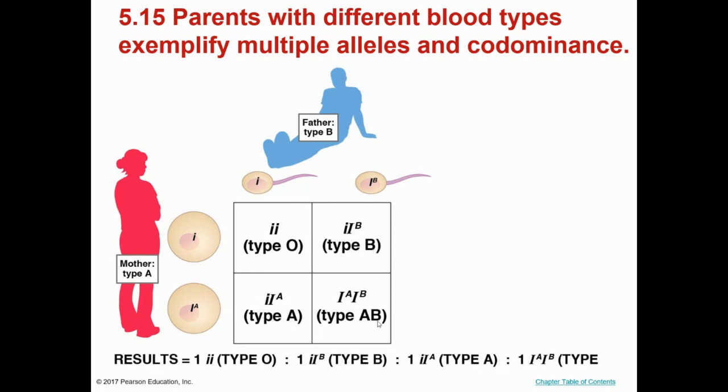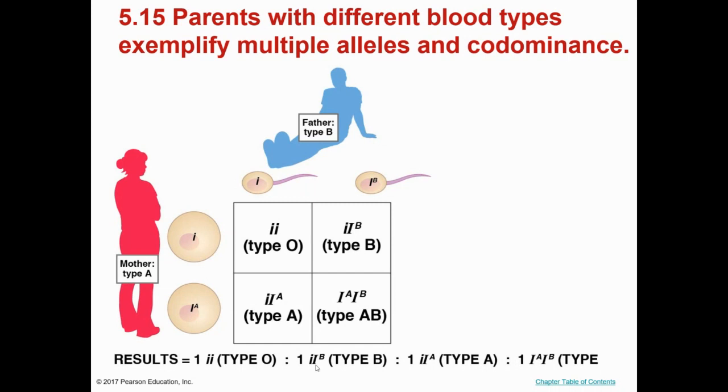That doesn't really eliminate anything for us. You can see down here the results. We can report it as a 1-to-1-to-1-to-1 ratio, or we could do 25% across the board. Either way, on the exam, I try to put both the percentage and the ratio because I know people understand that in different ways, but it means the same thing.